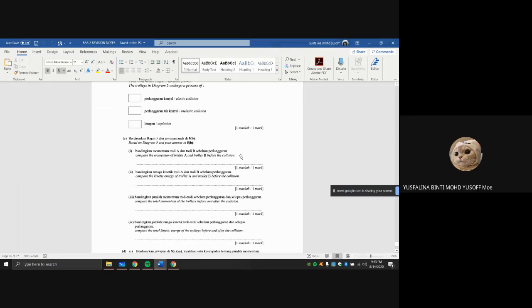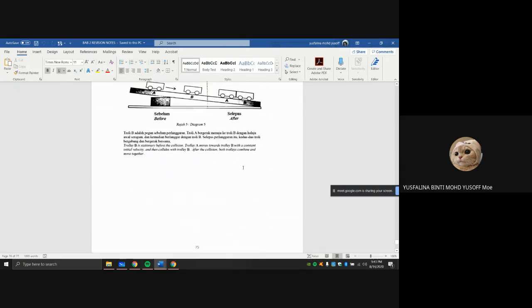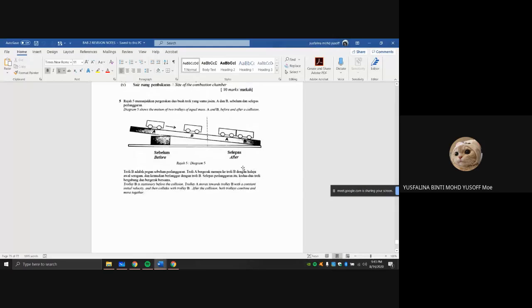Okay, compare the momentum of trolley A and trolley B before the collision. It says here that trolley B is stationary before the collision and trolley A moves. Trolley B is stationary, so the velocity of B is 0.